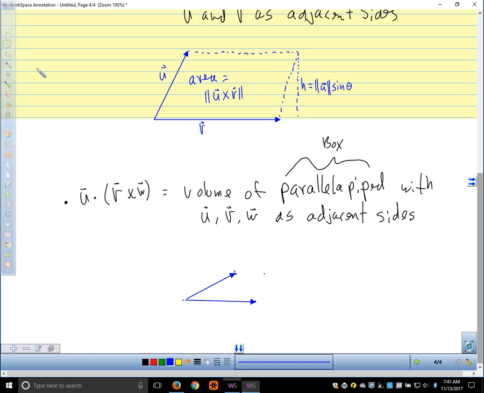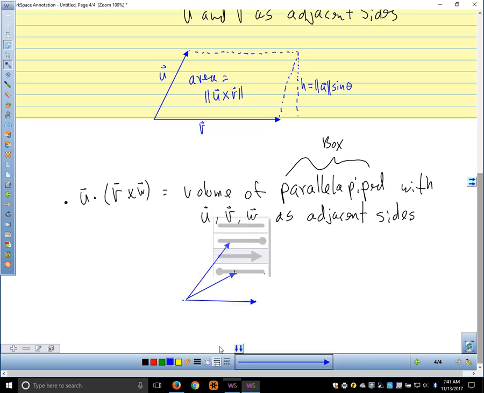So I could make this side go this way. Like so. And then all of our sides are parallelograms.